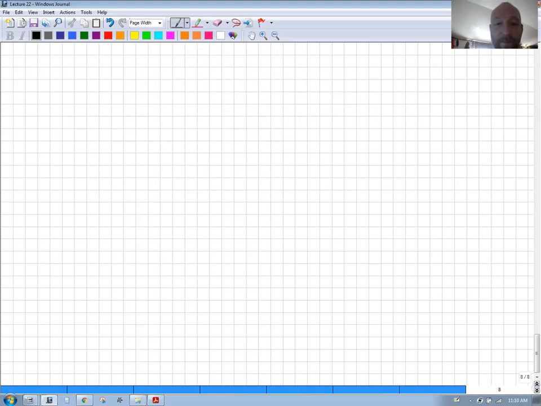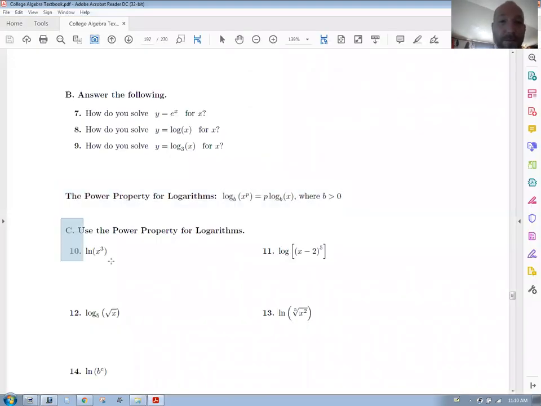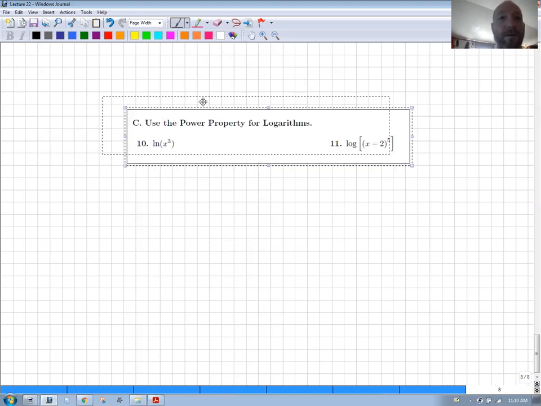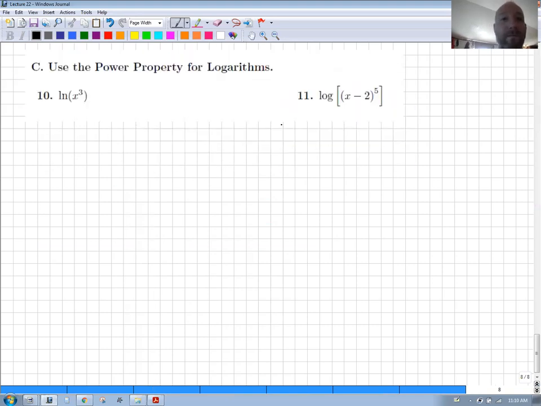So this is the power property of logarithms. So for these, this is the same thing as 3 times the natural log of x. We just bring the 3 out. This one, since the whole thing is to the 5th, we can say this is 5 times log of x minus 2.